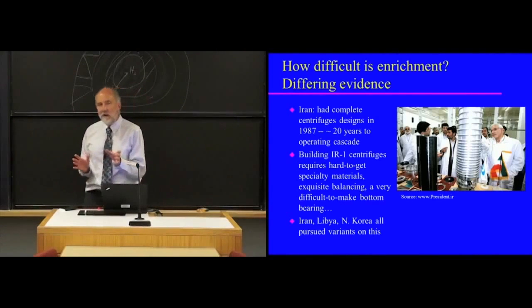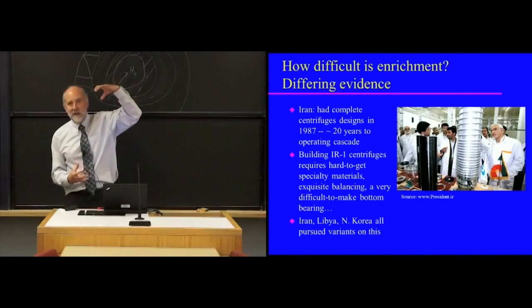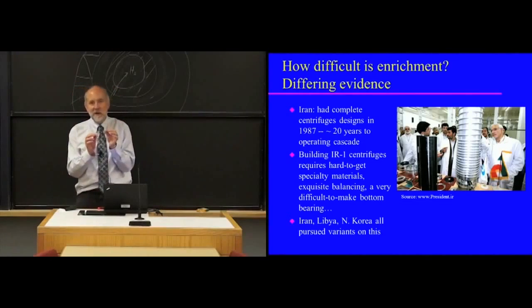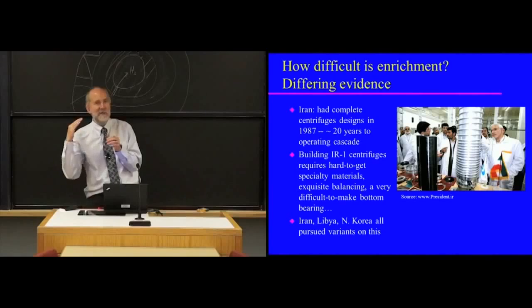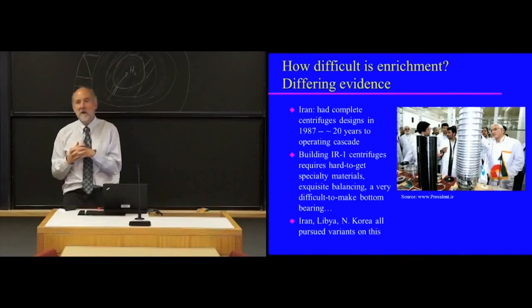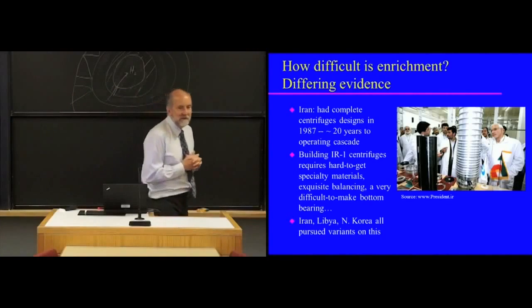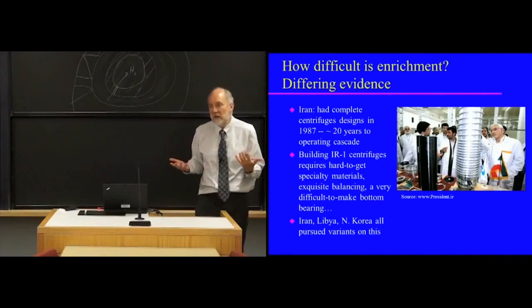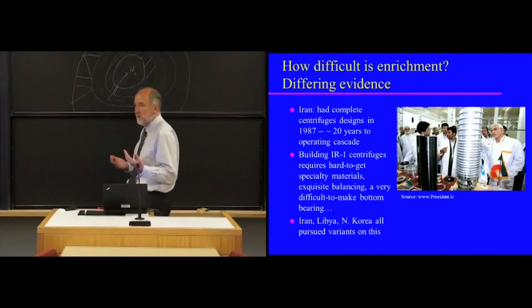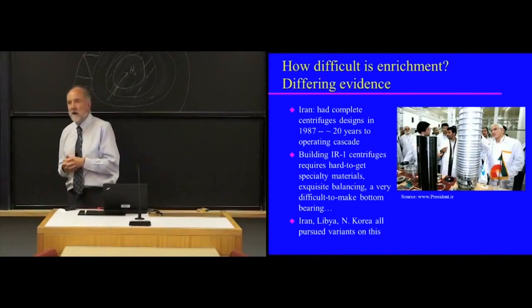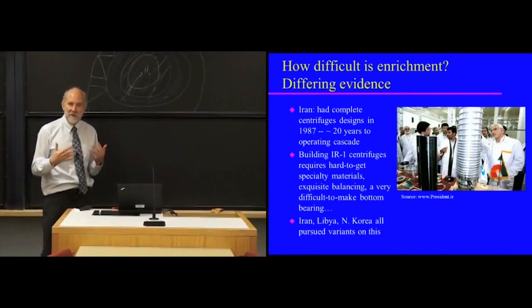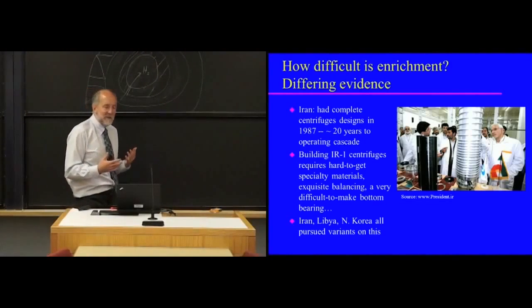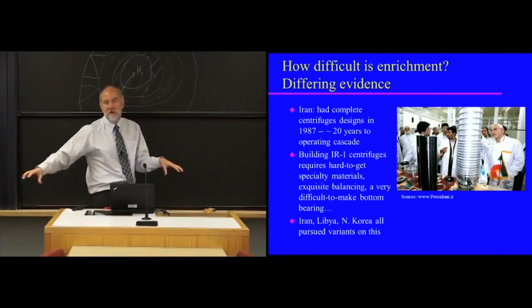They also require exquisite balancing. If the centrifuge is even a teeny bit heavier on one side than another, when it's spinning at these very high speeds, it will tear itself apart. When the centrifuges from the AQ Khan network were discovered in Libya, for example, a colleague I was speaking to at the International Atomic Energy Agency, who's a centrifuge expert, was shown the centrifuge rotors that they were going to use.